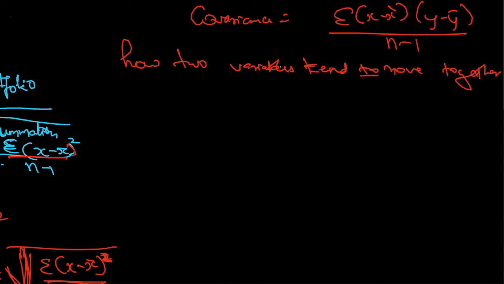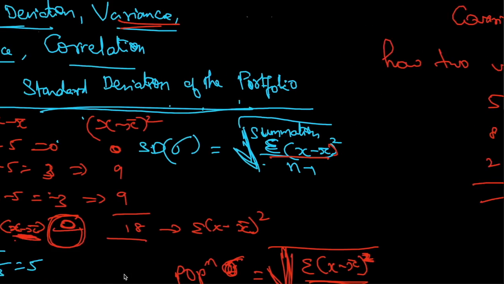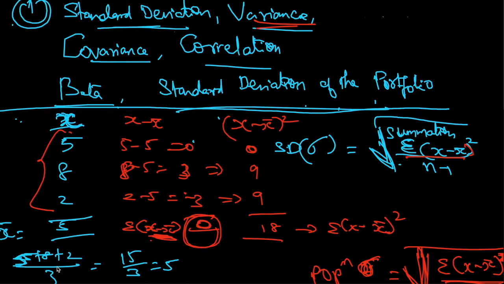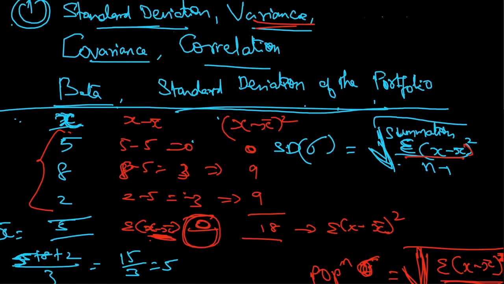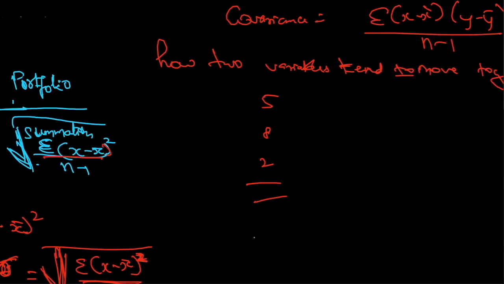Okay, or if two variables are moving together, that's what I get to know. So here let me take the same example that I did first, 5, 8, 2, and then I got the mean as 5. Sorry, the mean is 5 here.